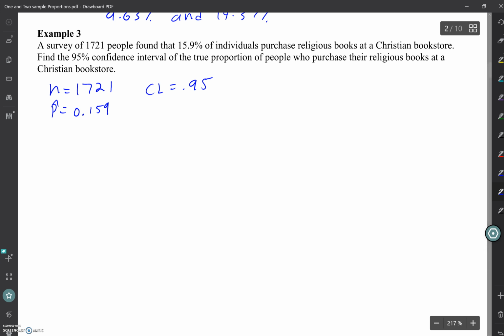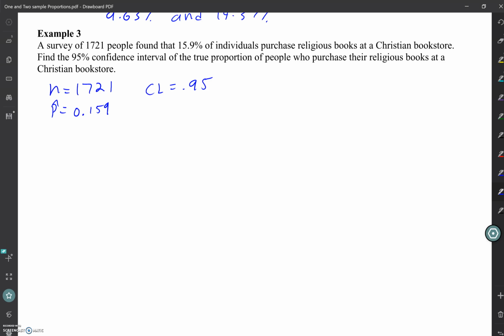Now the issue is that if we were doing this by hand, it wouldn't be an issue because we want P hat. The other side that is an issue is that your calculator actually wants to know what X is. So if we're given P hat, can we find X?